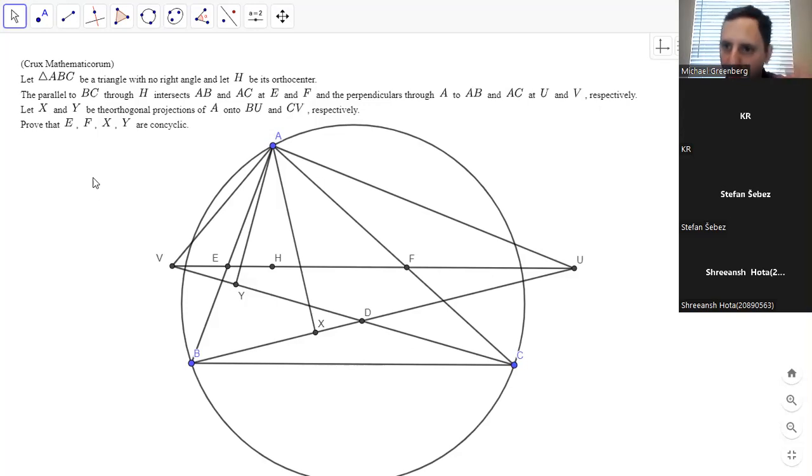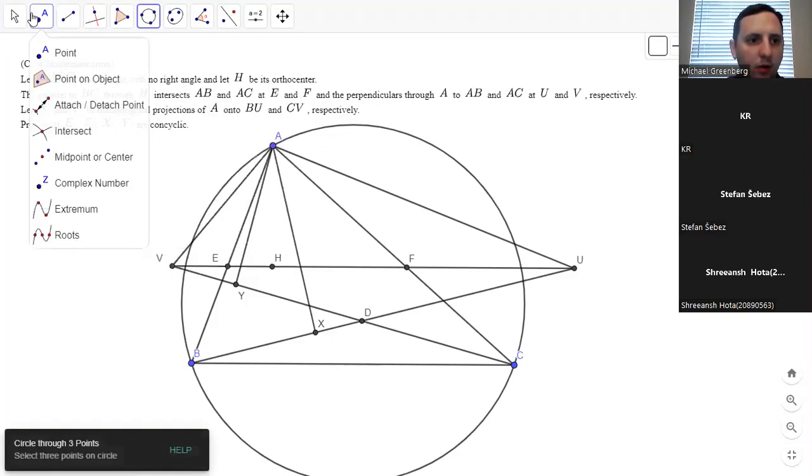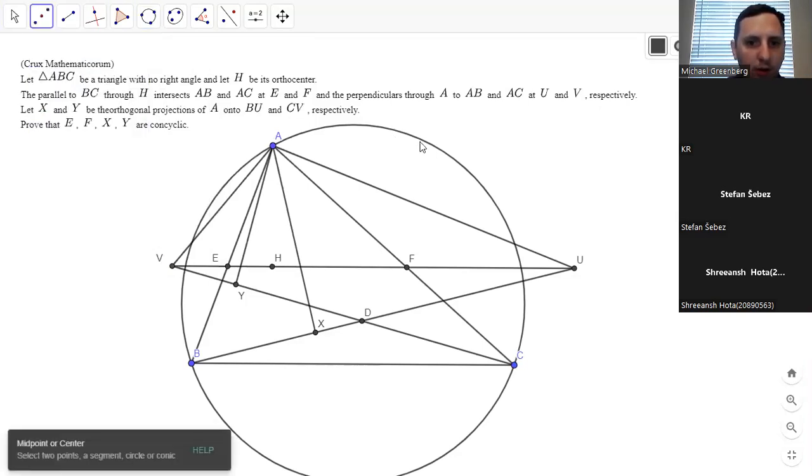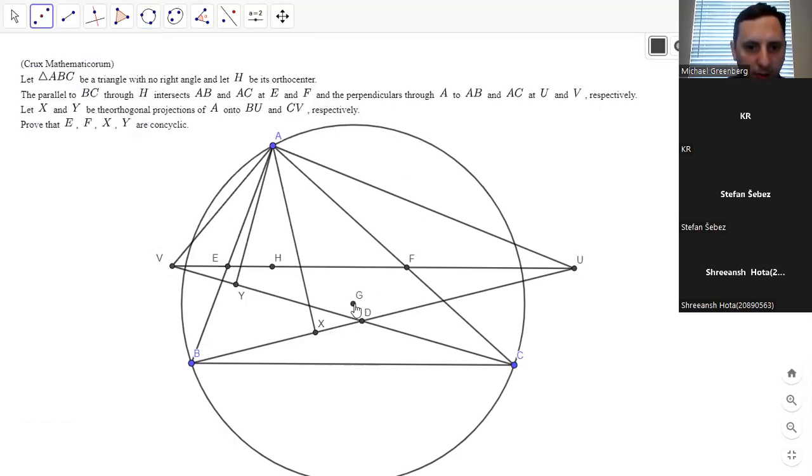All right, I am back. We need to prove just that the circumcenter lies on line AD. Oh, really? Let's draw it. So if O is the circumcenter.